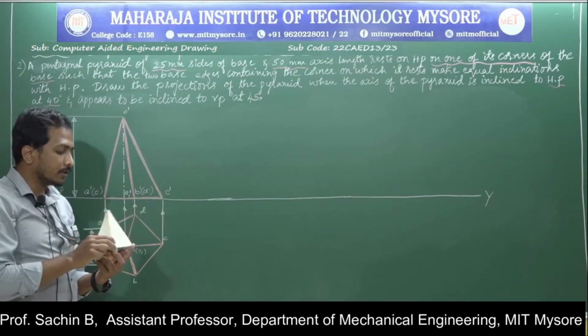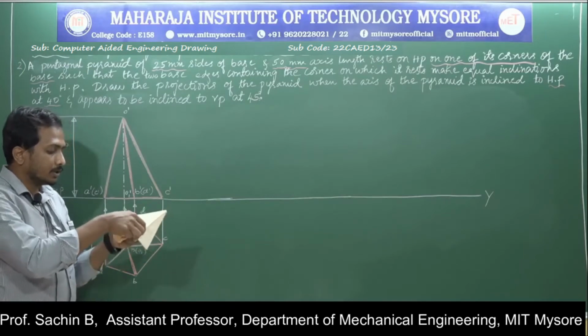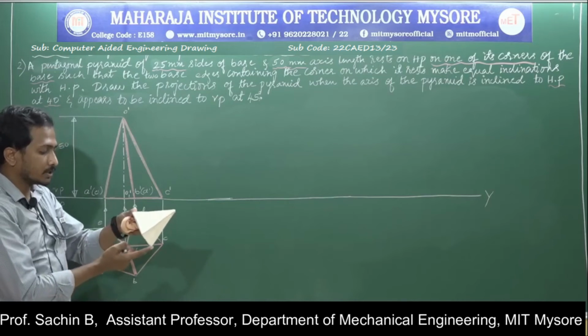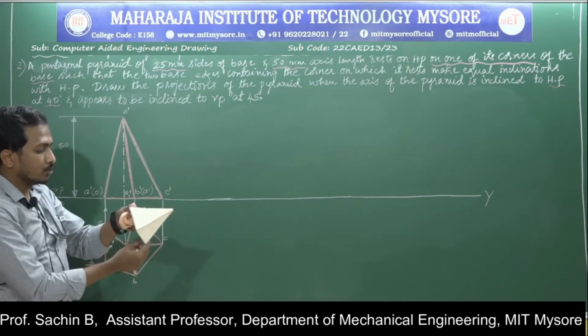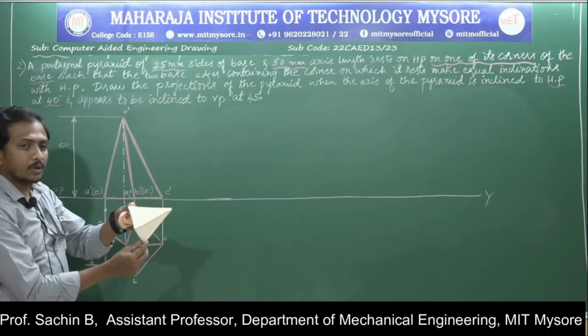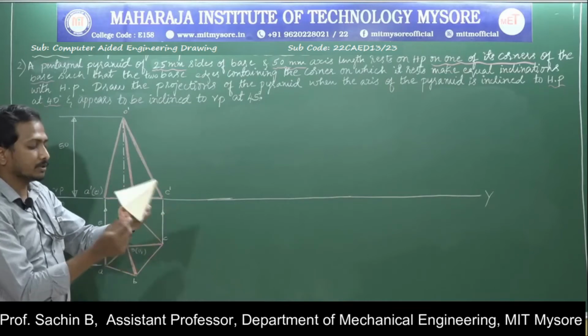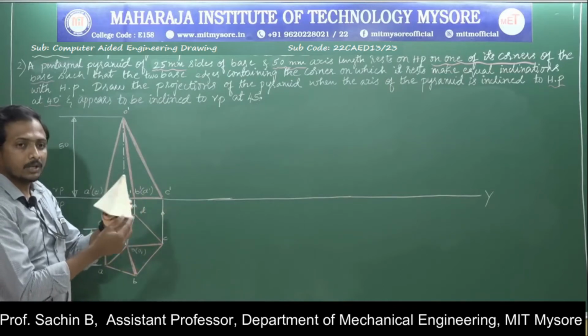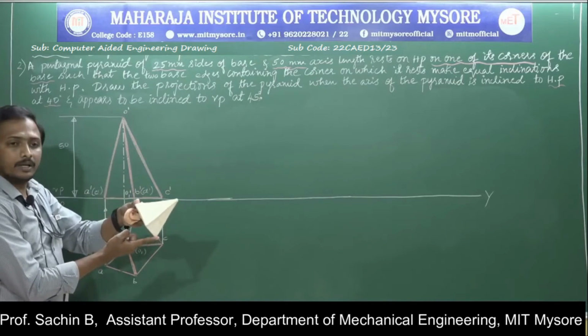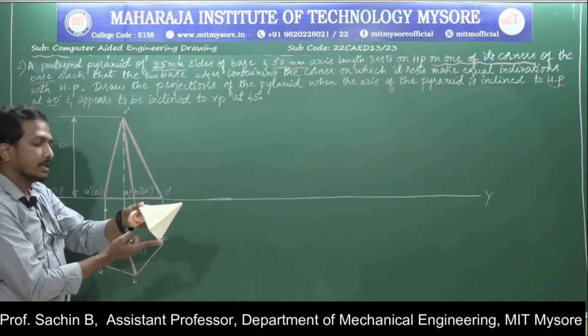Now, if I rotate this object like this, this is the corner that is clearly resting on HP, with two edges that make equal inclinations with HP. These are the two edges that are clearly making equal inclination with reference to the HP.